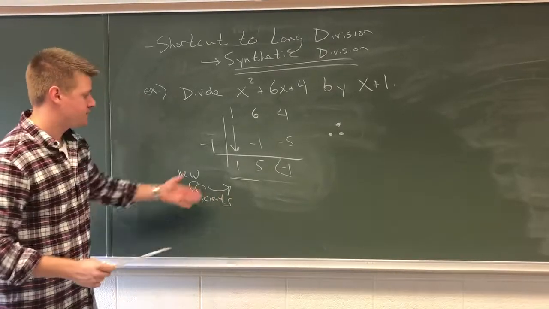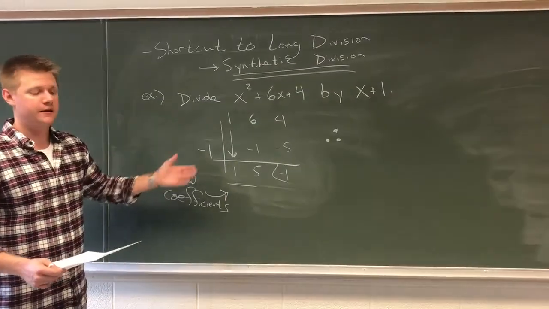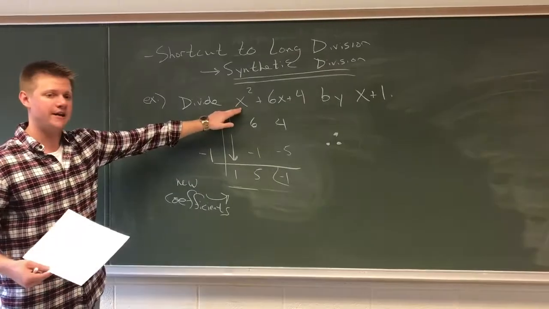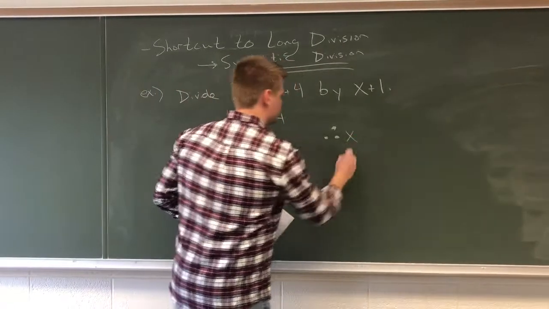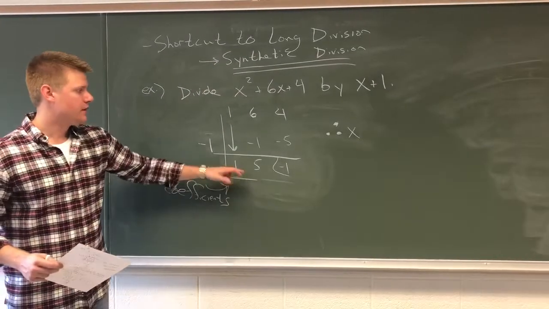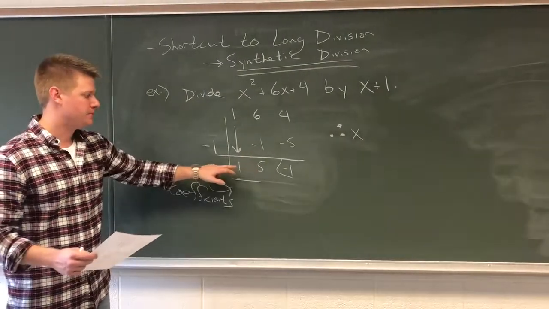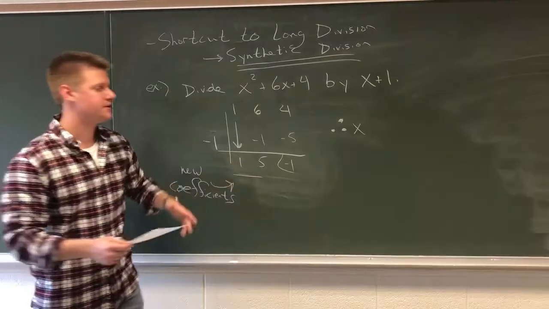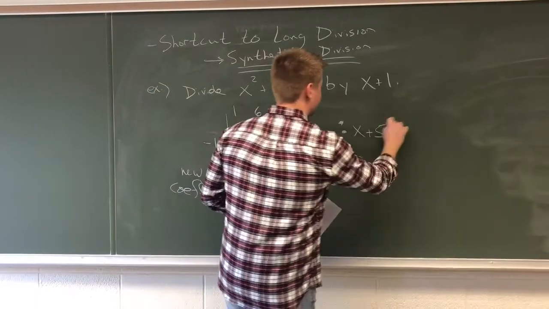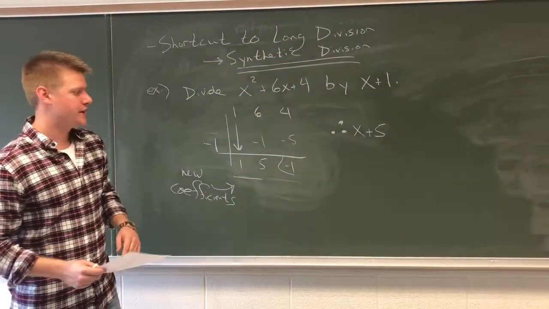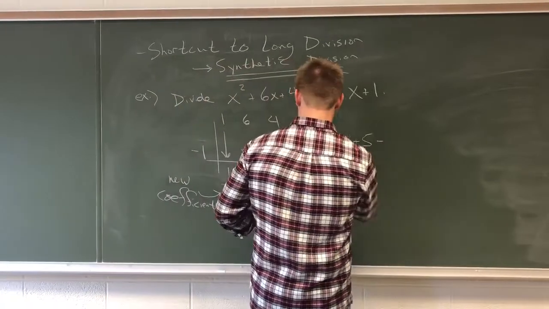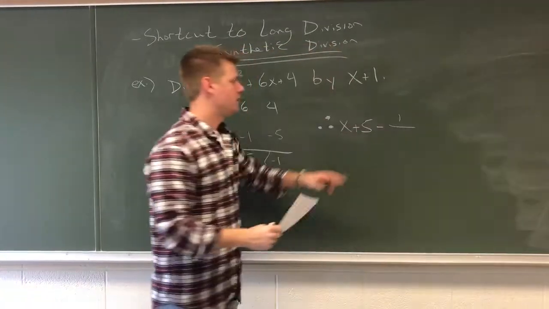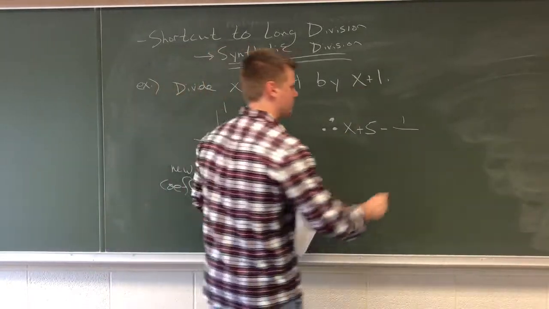So once again, this is our quotient, but I refer back to the original. If the original was an x squared, this is now a 1x to the first. Just go right on down the line. It'll be 1x, and then we're at our constant term of plus 5. Last thing, just like the long division algorithm, we write the remainder, -1, over the divisor, x plus 1.